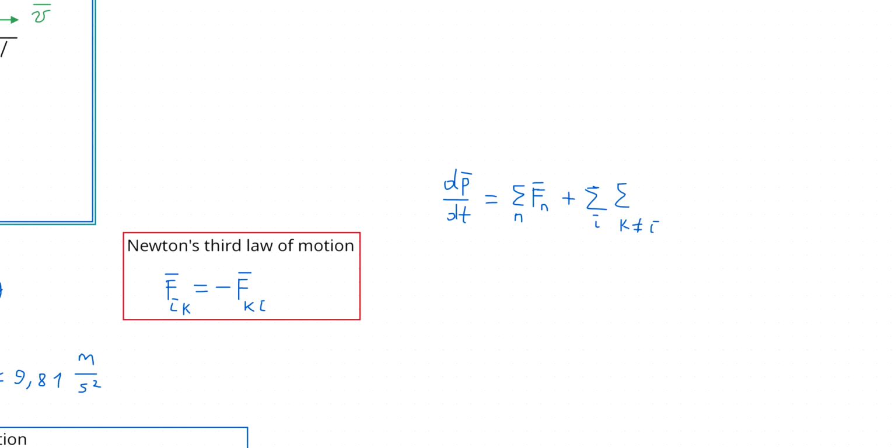So here we have F_ik. And according to Newton's third law of motion, we have this relation. According to this, we will get that this second sum of internal forces is always equal to zero.